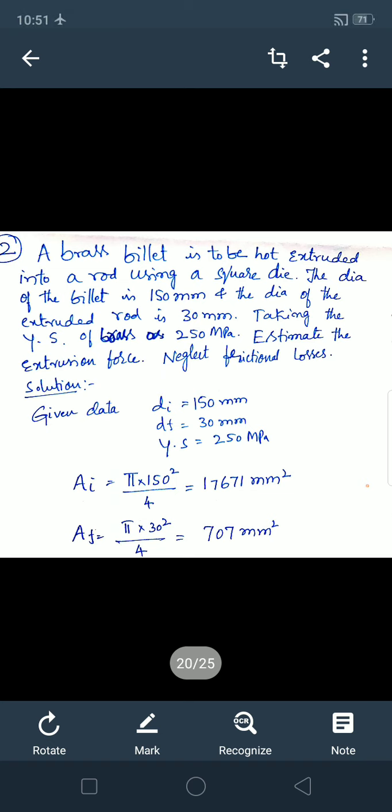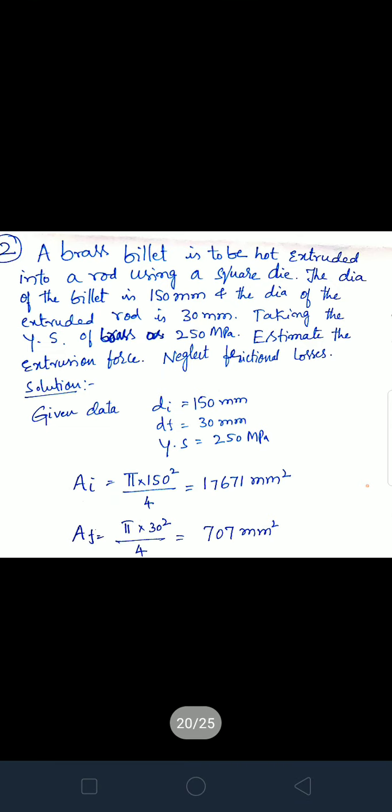Coming to the next problem: a brass billet is to be hot extruded into a rod using a square die. The dia of the billet is 150 and the dia of the extruded rod is 30. Taking the yield strength of the brass as 250 megapascal, estimate the extrusion force, neglecting the frictional forces or losses. In this problem, the given data is initial dia and final dia, 150 and 30, and yield strength 250 megapascal.